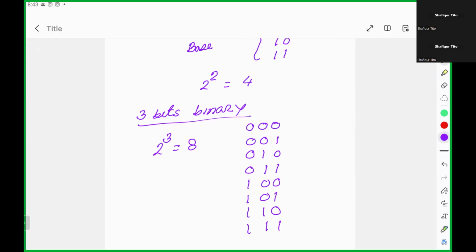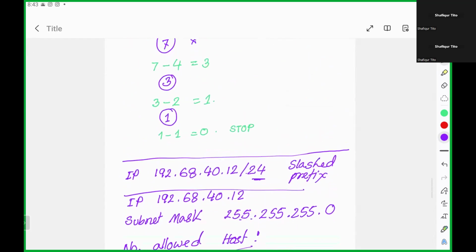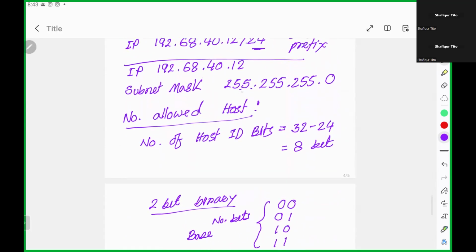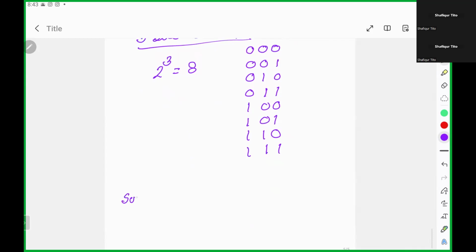Now, can we use all these combinations for the IP address? The first thing you need to think about is the subnet mask. Whenever we talk about the subnet mask, I have the host part. This is the host part, that is 0. If I convert this subnet mask, I will have all ones: 1, 2, 3, 4, 1, 2, 3, 4.